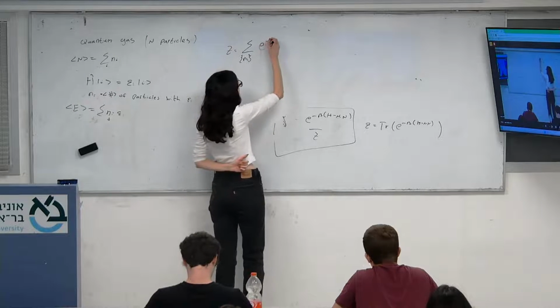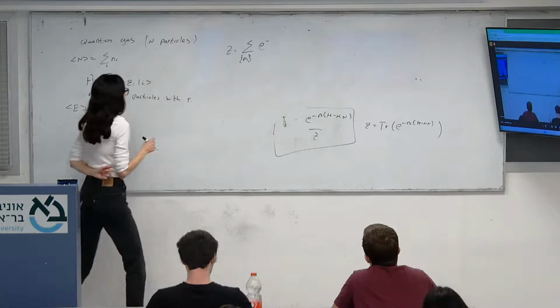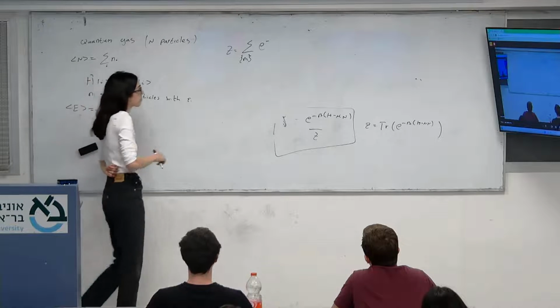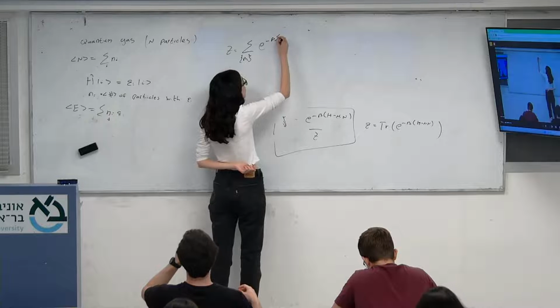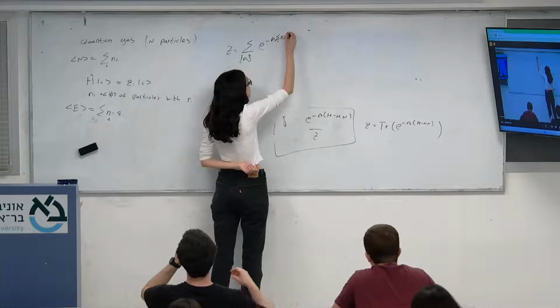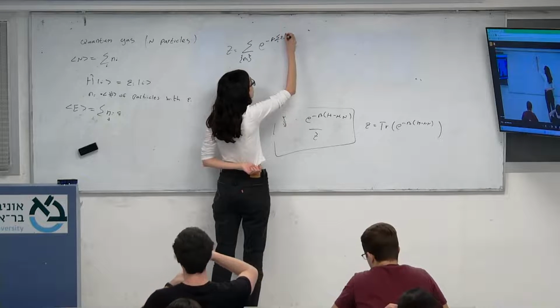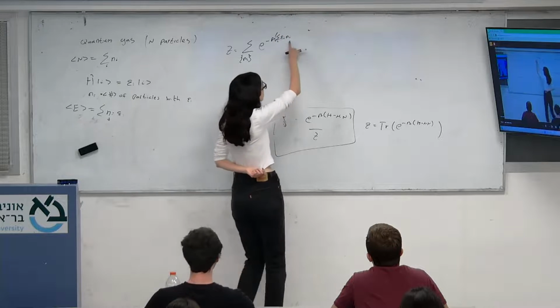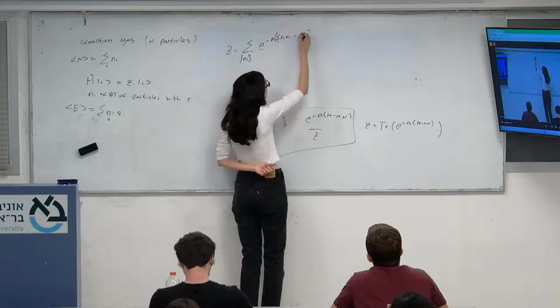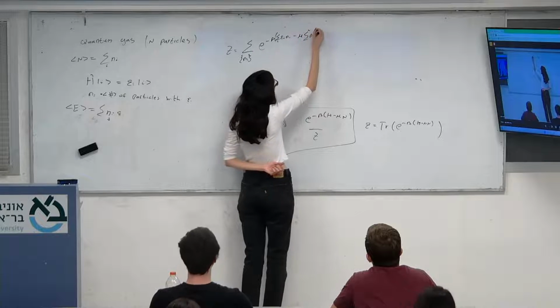And then in the exponent, I'm going to use the definition of the average energy, so this is beta sum over epsilon i Ni, minus mu sum over Ni.